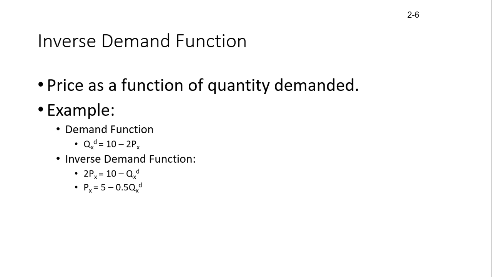For any optimization problem, since we're dealing with quantities, to know the optimal amount of output to produce, or how many units of pens to buy, you're supposed to play around with an inverse demand function.